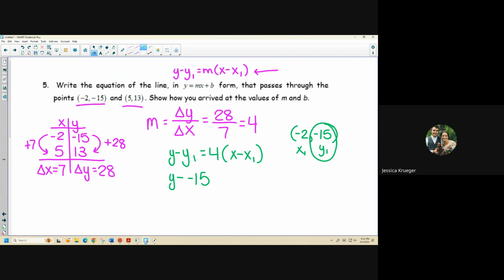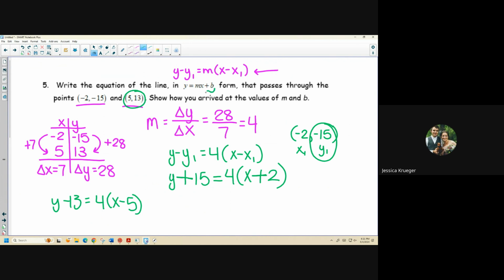Well, what happens when I have a double negative like this? It becomes a positive. So that's y plus 15 equals 4 times x minus -2. Well, minus a negative is plus. So here's the equation of my line. Now, if you use this point, you'll get y minus 13 equals 4 times x minus 5.